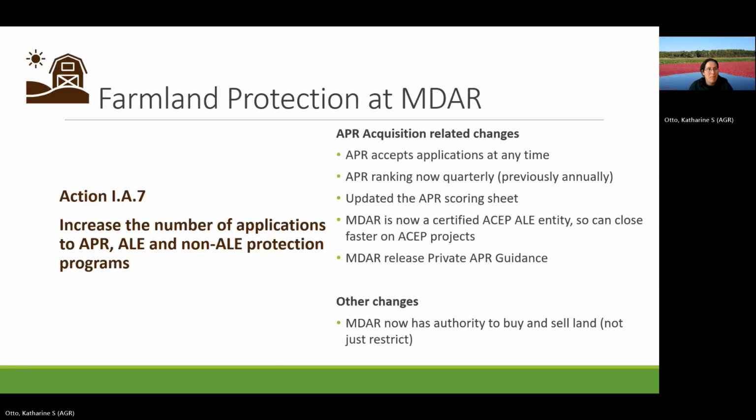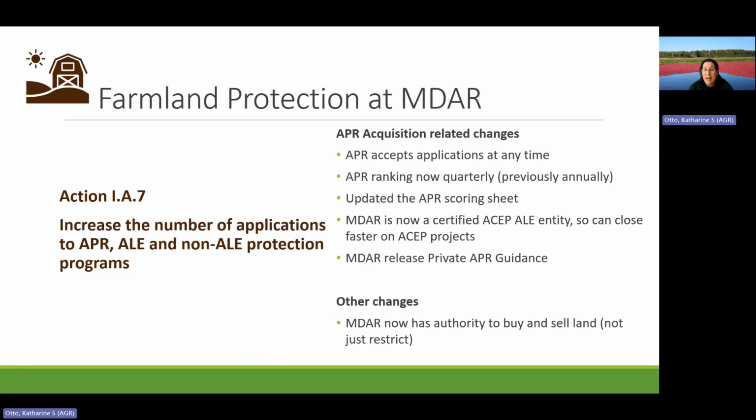It should give you a good idea of where we're heading. So just on a very high level related to farmland protection, I'm going to focus in on one specific action. Action 1A7 is about increasing the number of applications to the APR, ALE, and non-ALE protection programs. Some of the things I wanted to highlight of what has been done in the last year: the APR program at MDAR now accepts applications at any time, and they're ranking those applications quarterly.